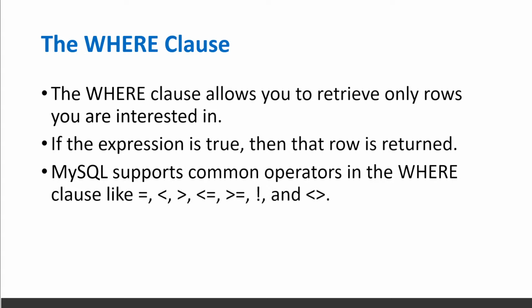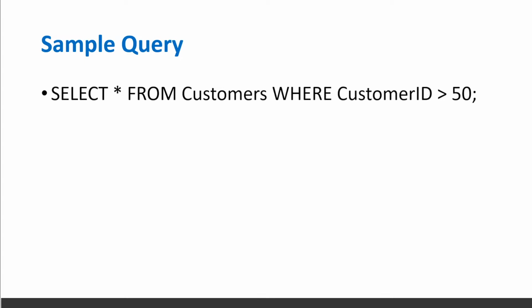Here's an example of one. We're going to select all the information from our customers table where the customer ID is greater than 50. So we're only going to return our customers' information if the customer ID is greater than 50. And what would be the benefit of being able to do something like this?